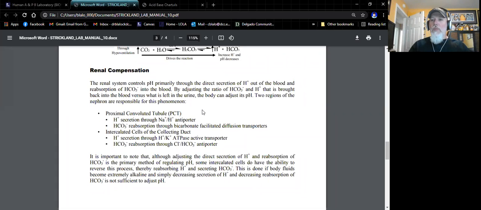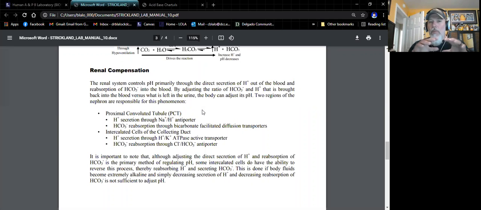We're not going to secrete, we're not going to resorb, because we've already got the bicarbonate in the filtrate because we lost it in the glomerulus and in the glomerular capsule. And we're also not going to secrete any more hydrogen ions. Remember, the hydrogen ions are going to get secreted through the sodium and hydrogen antiporter. So as we're resorbing sodium back in, we would be secreting hydrogen back out.